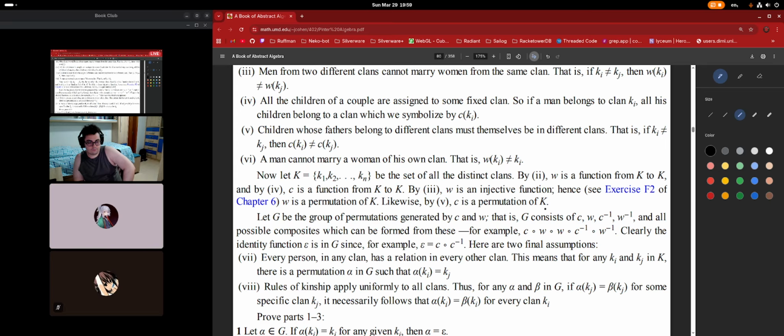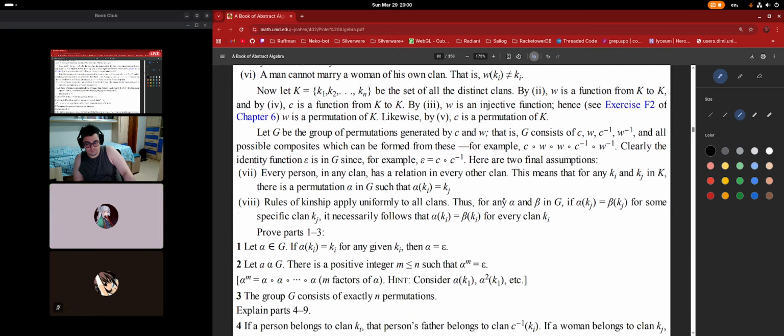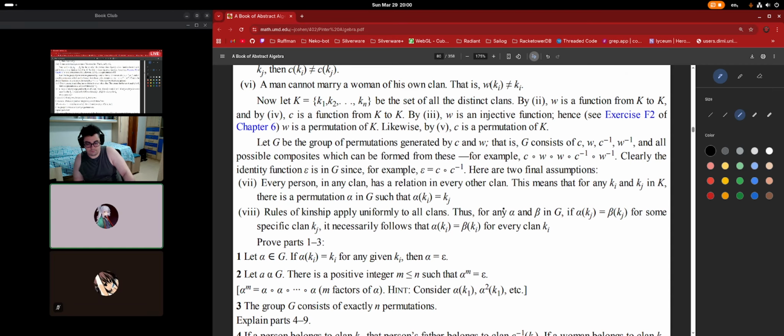So if you have an arbitrary alpha made up from C and W, then if C is the identity, M is 1, N is 2, everything is fine.